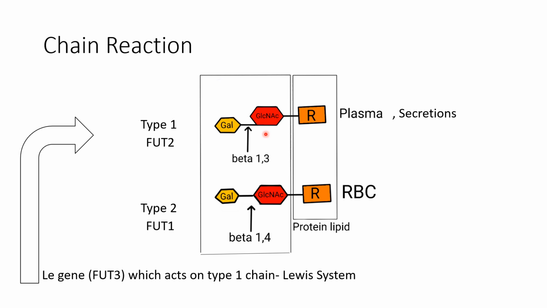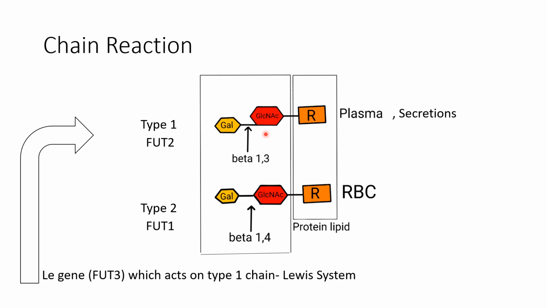In a type 1 chain there is a beta 1,3 linkage, whereas in a type 2 chain there is a beta 1,4 linkage. Another important thing I've already told you: type 1 chains move freely in the plasma and the secretions. Type 2 chains are on the RBC. RBCs are formed on the type 2 chain, and they have a beta 1,4 linkage.